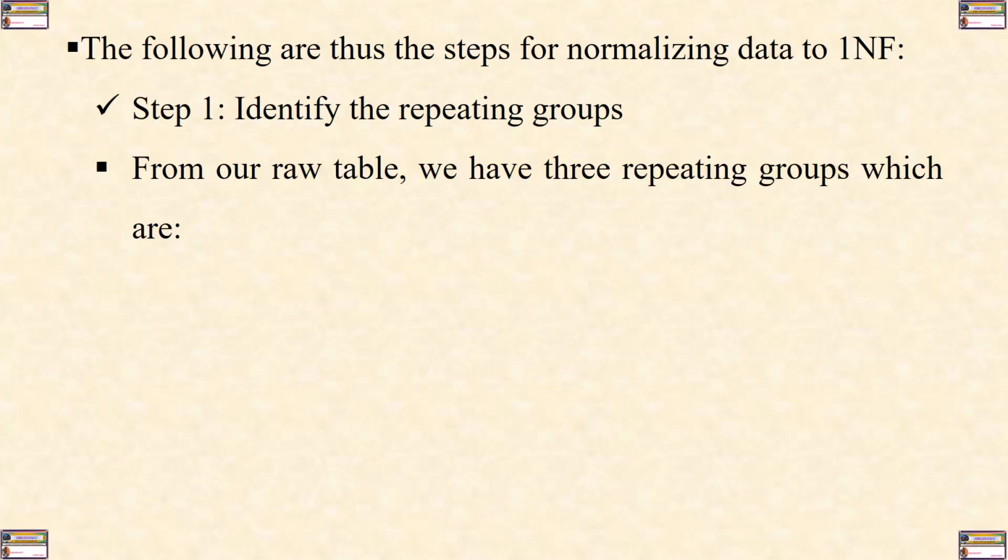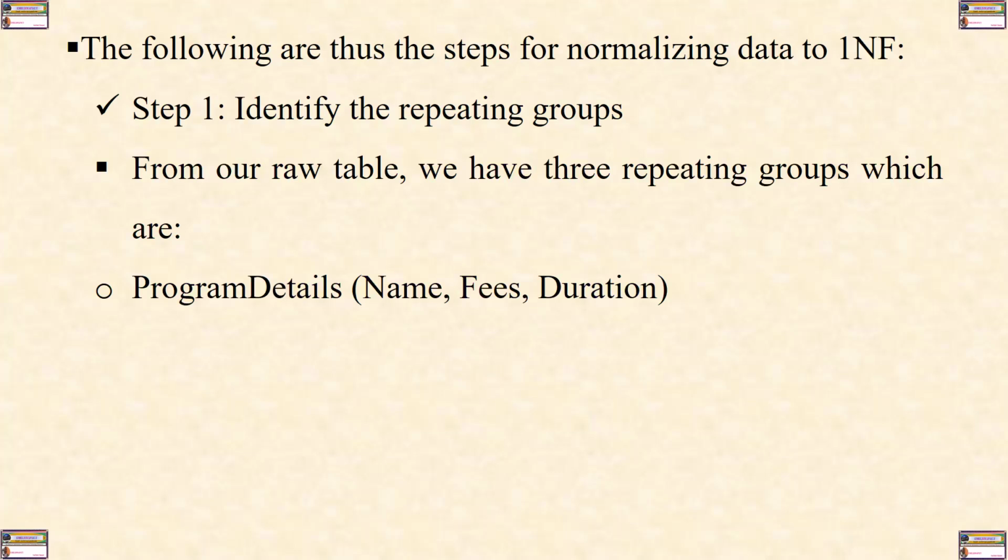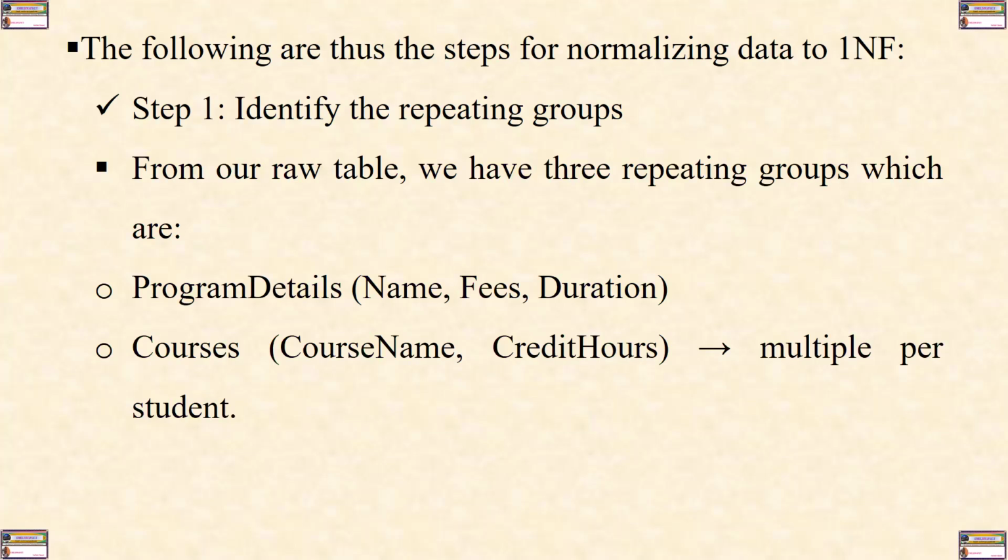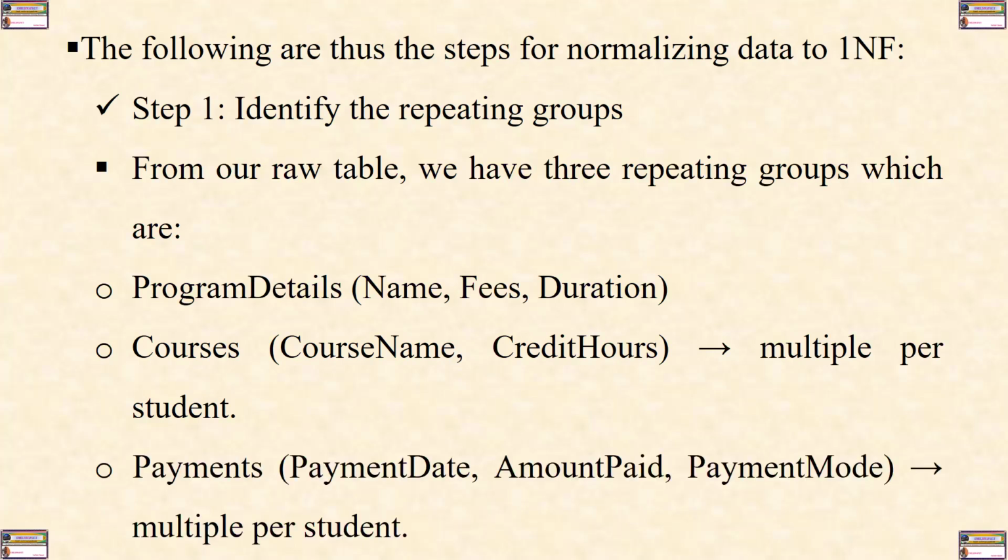So from our raw table, we have three repeating groups. The first is the program details, where we have the name, the fees, and the duration, all of them lumped together. Then courses, where we have course names and credit hours put together, and that applies to both of the students.